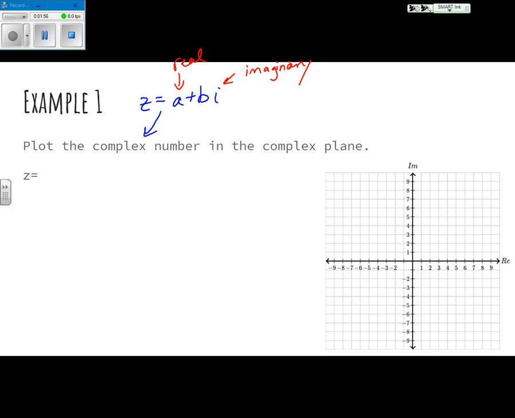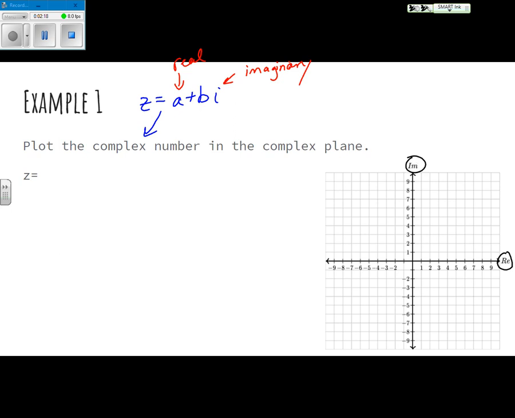But we can plot these complex numbers just like we would a regular xy point. Notice a couple differences on my new plane: my x-axis has now become my real axis, and my imaginary axis is what used to be my y-axis.